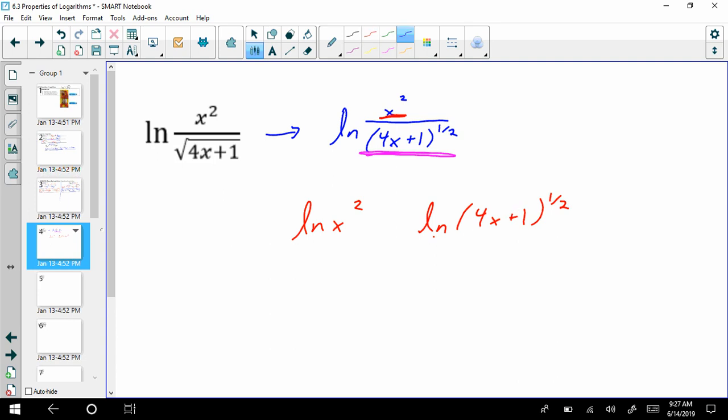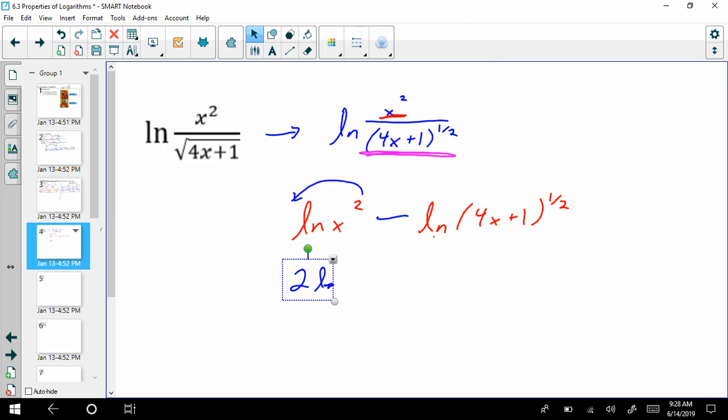Next, I would ask, what operation is between these 2 logs? Well, since it was division, that expands into subtraction. And the last step would be to take care of any exponents. So I'll move the 2. And I'm going to move the 1/2.